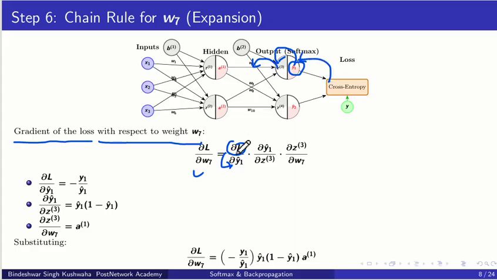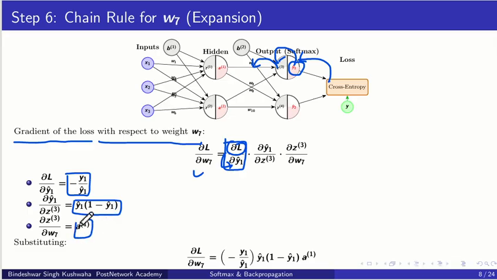So del L upon del y1 hat, and the same way for the other terms. Now this part, if you differentiate, you will get this one, and this one I will explain in a separate video, but this value would be this one.